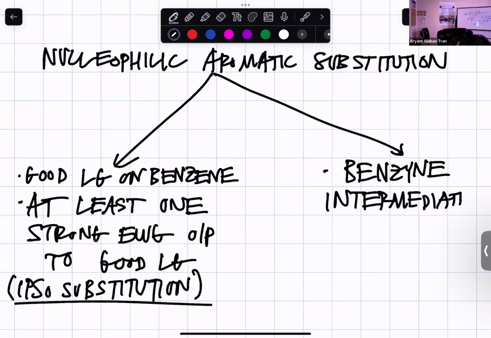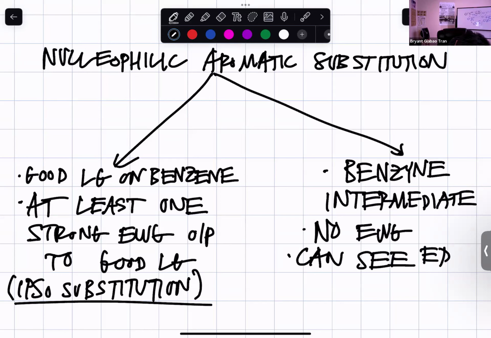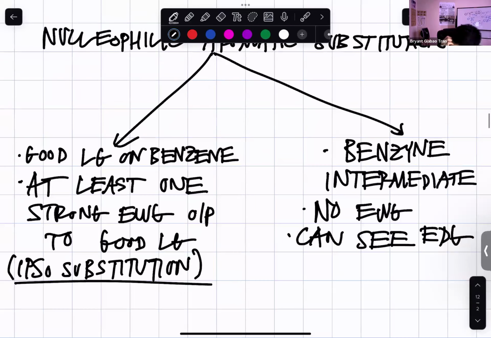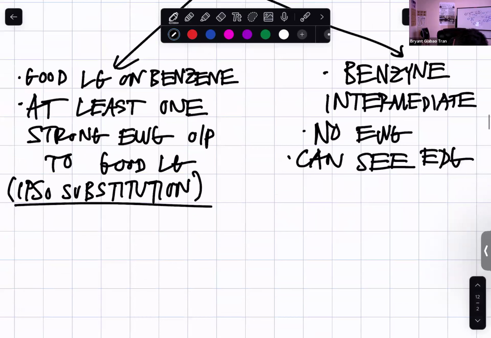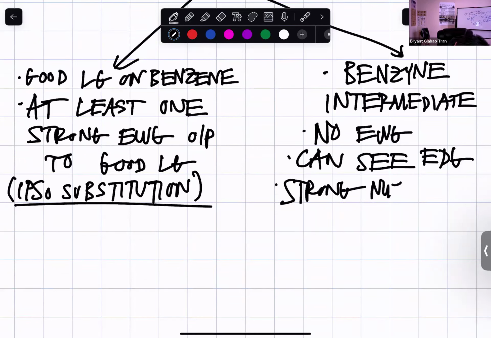It's very similar to that, but this one will have no EWG attached to it. You can see an EDG attached to it though. And this one will require a strong nucleophile, like the most common one, KNH2, NH3 liquid.